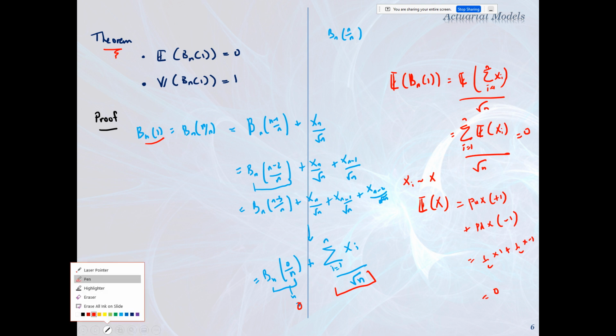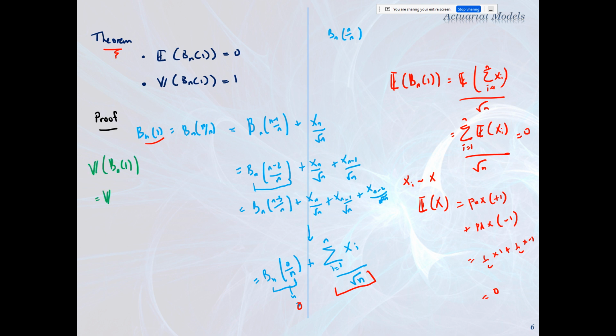Let's now calculate the variance of Bn1. So it becomes the variance of the summation i equal to 1 up to n of xi divided by square root n. We remove the constant outside, becoming 1 over square root n raised to the power of 2.